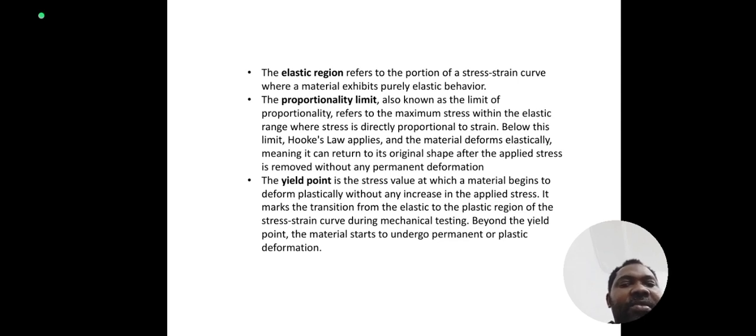Beyond the yield point, the material starts to undergo permanent or plastic deformation. When you say a material is plastic, it means it has lost its elasticity. So the point before the material loses its elasticity is called the yield point, where it has yielded its elasticity.